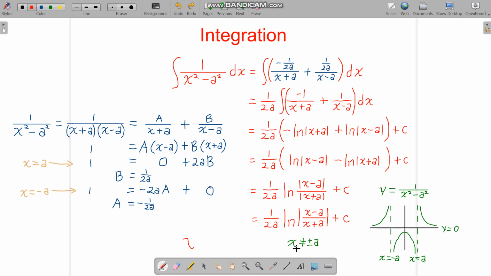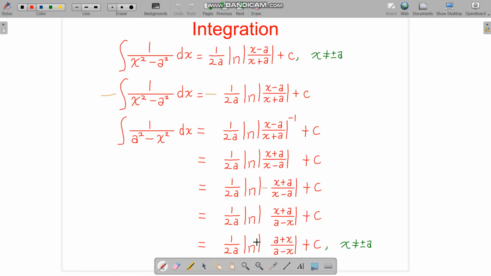But since obviously we have absolute value, also on the MF19 formula you see we have absolute values, there is no need to use this restriction x is bigger than a actually. So I don't understand why the MF19 uses this restriction for this formula. There's no reason in my opinion.